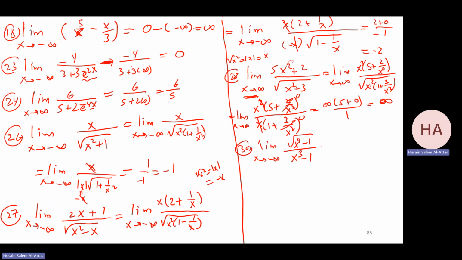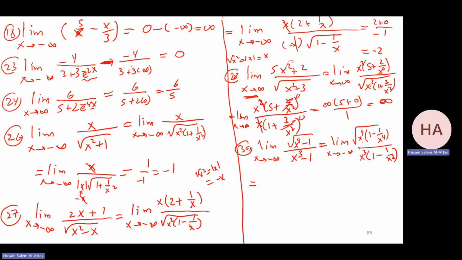The degree is 2 over 3. But you can do it by this trick, or common factor. You take x to the power 4, which will be 1 minus 1 over x to the power 4, over, I'll do the same trick, you take x cubed, 1 minus 1 over x cubed.